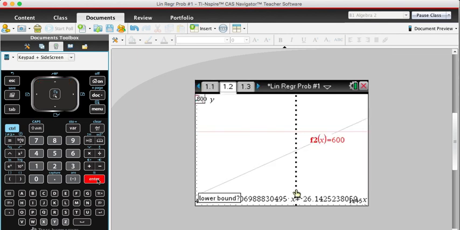Okay, on this calculator, this is so much easier than it was on the old TI 83s and 84s. Notice down here in the left-hand corner, it's saying lower bound. It wants you to click a starting point. What you're going to do is highlight a gray region across where the intersection point is. I'm using my arrows to move over a little more, so I'm a little closer. Okay, I'm clicking the center mouse button to say here's a start point.